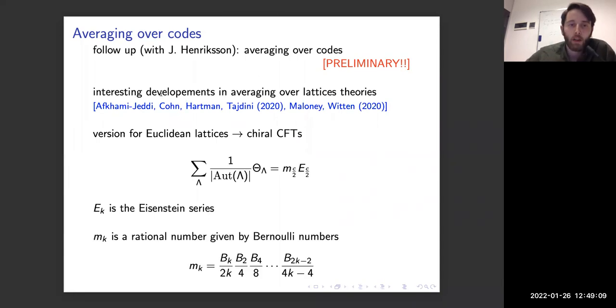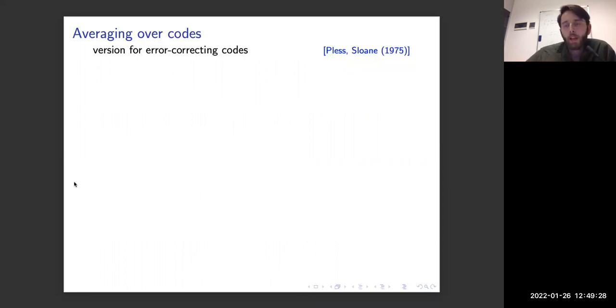Now this story is for full CFTs or Lorentzian lattices. So these have a continuous moduli space. The Euclidean story is much simpler, and you're just summing over a finite number of things, or a discrete set of lattices. And there's actually a version of this formula for error correcting codes.